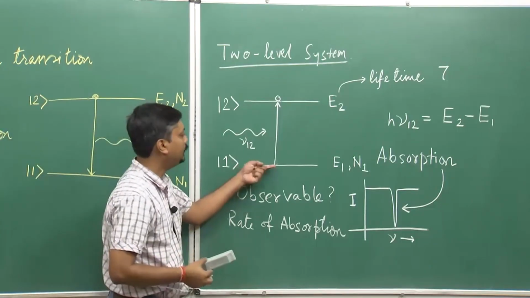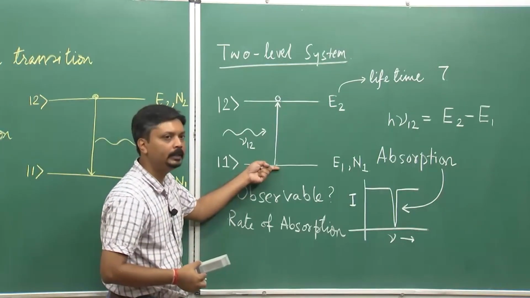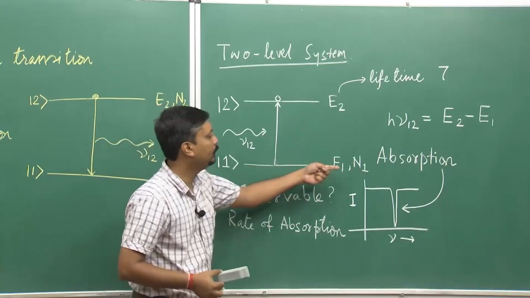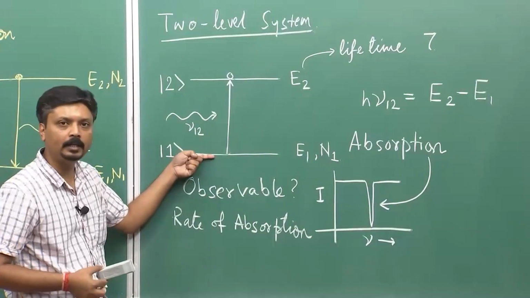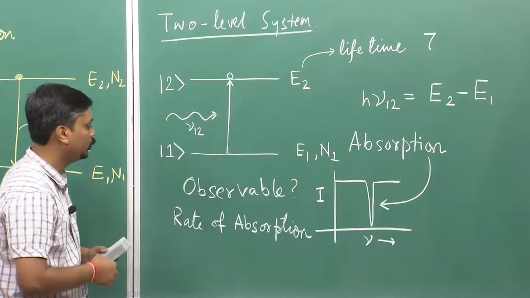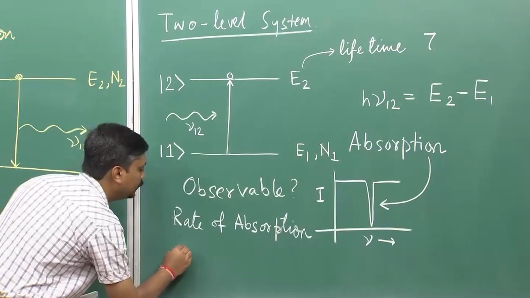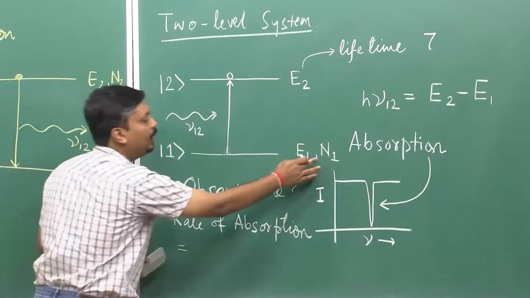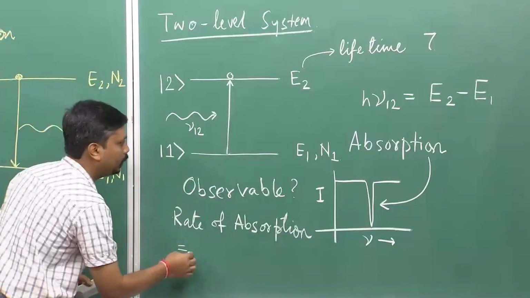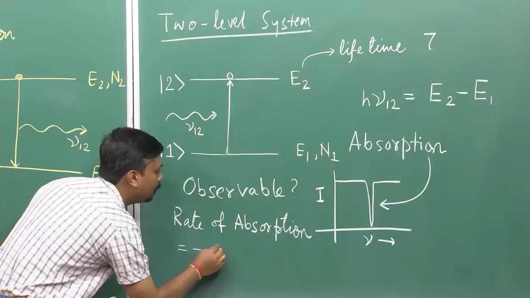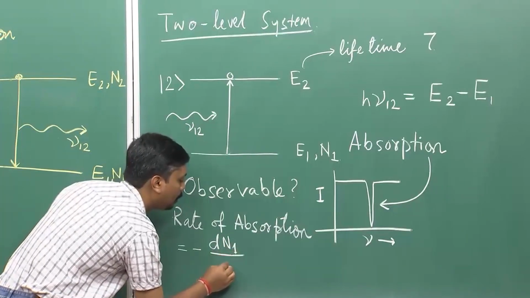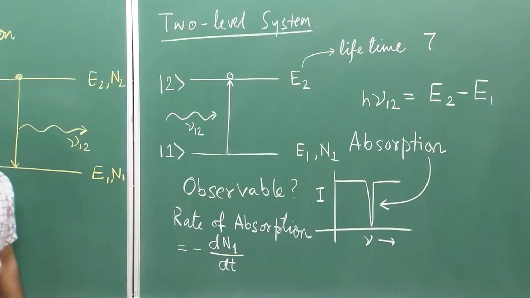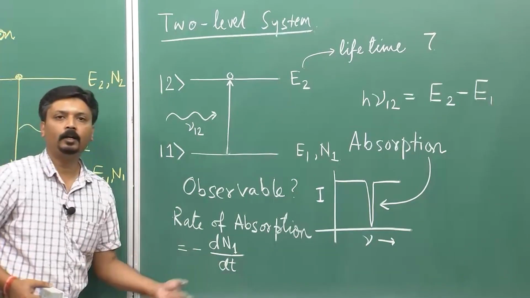So I can understand the rate of absorption by noticing the rate at which the number of atoms residing in state 1 deplete with time. So rate of absorption is equal to the decay of the number of atoms in state 1. So it is minus dN1 dt. This is my rate of absorption. Now how can I find the rate of absorption?